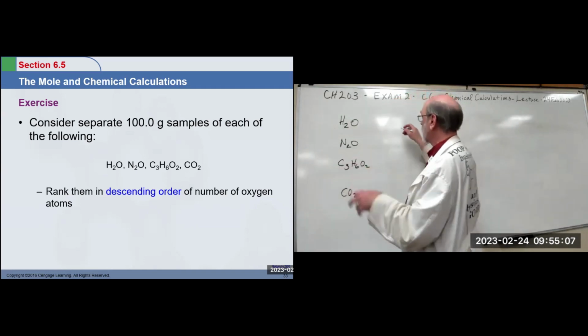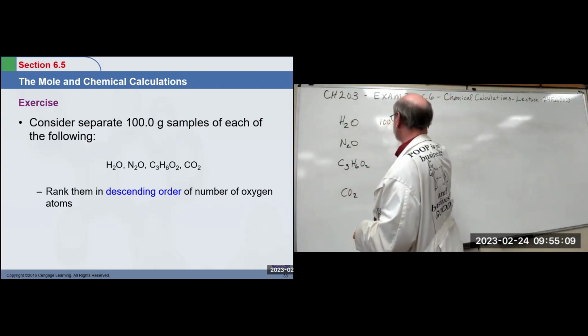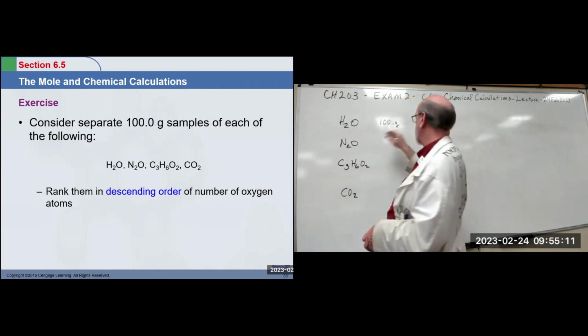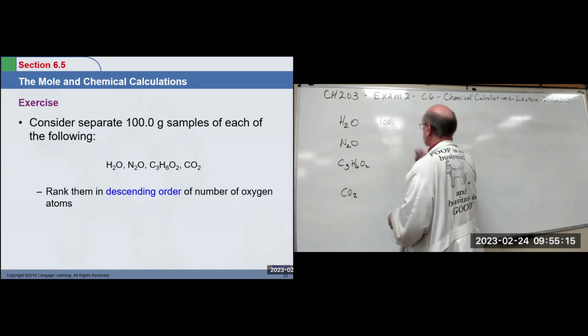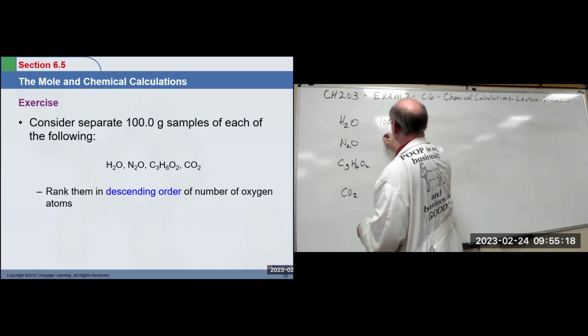Okay, we've got 100 grams of each one. 100.0, we want to throw away a decimal when we don't have to.